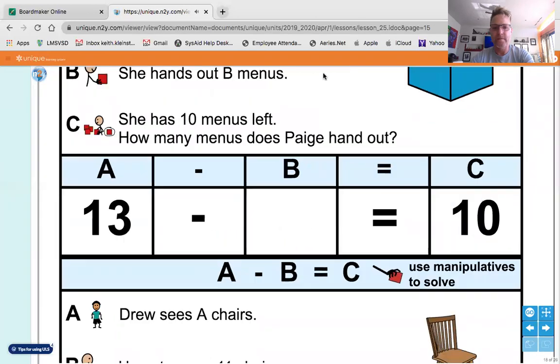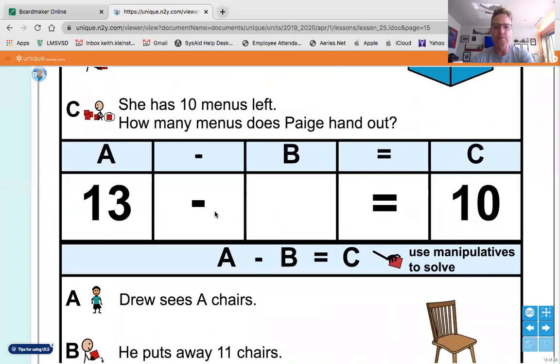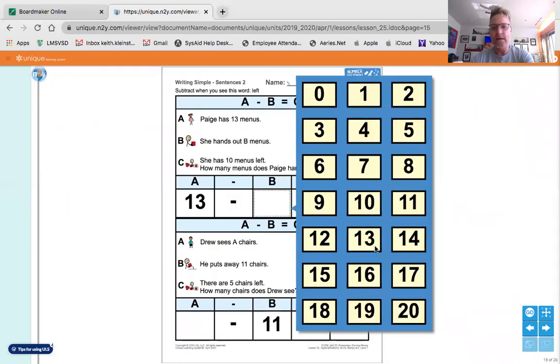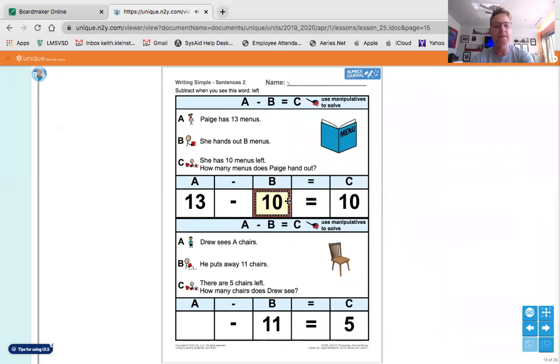Okay. So 13 subtract B equals 10. So we're solving for B. If we start at 13, because that's how many you started with, hand out 3, count back 3. 1, 2, 3. And it's this number right here that we're looking for. Oh, I'm sorry. I did the same thing I did last time. That's incorrect.